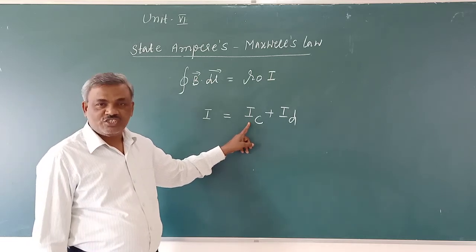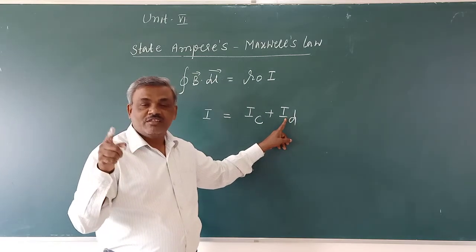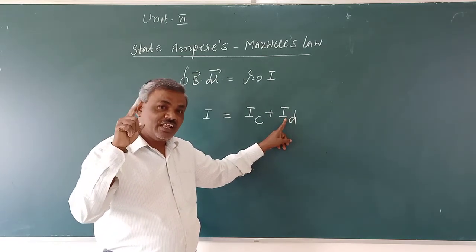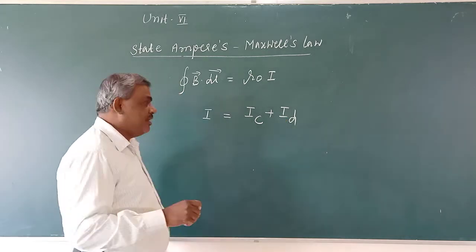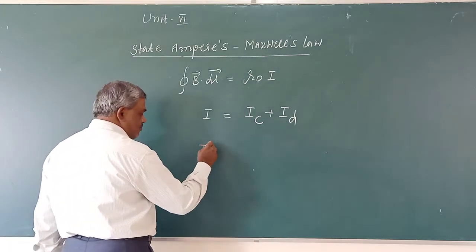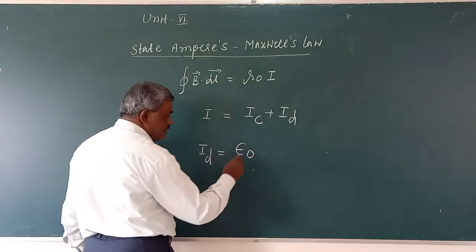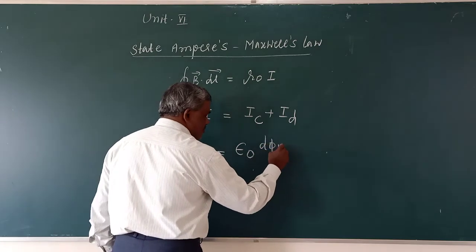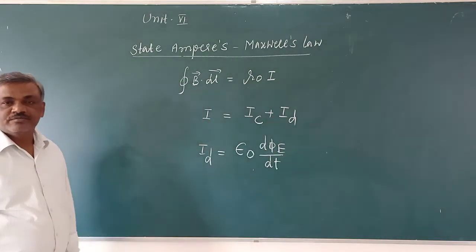ID is the displacement current, the electric current due to changing electric field or changing electric flux. The displacement current formula is ID equal to epsilon naught dΦE by dt.